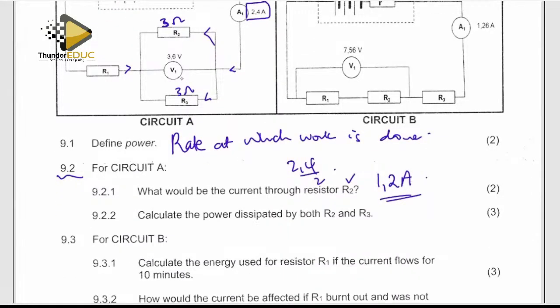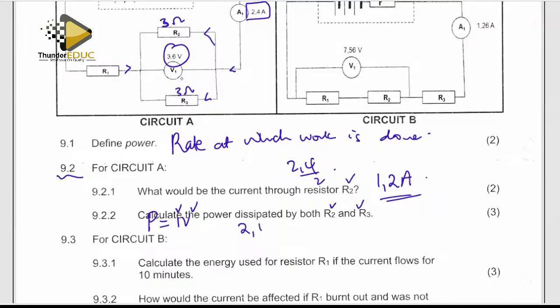The 9.2.2, they're asking us for the power that is dissipated by both R2 and R3. So I know that power is given as IV, the voltage and the current. The voltage across R2 and R3 is 3.6, and the total current is going to be the 2.4, because they are only having 2 parts.